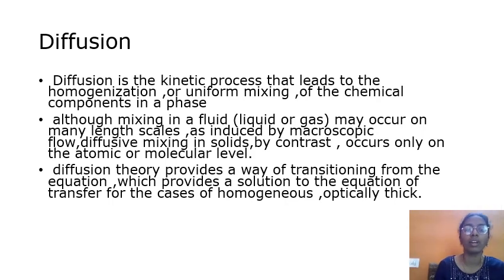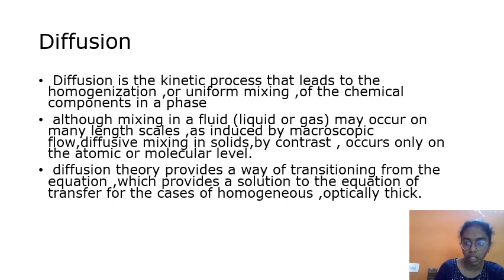Although mixing in a fluid may occur at many length scales as induced by macroscopic flow, diffusive mixing in solids, by contrast, occurs only at the atomic or molecular level. Diffusion theory provides a way of transitioning from the equation of transfer for the cases of homogeneous, optically thick media.